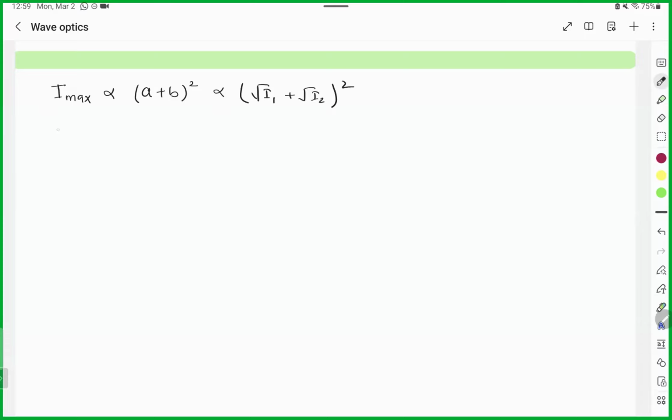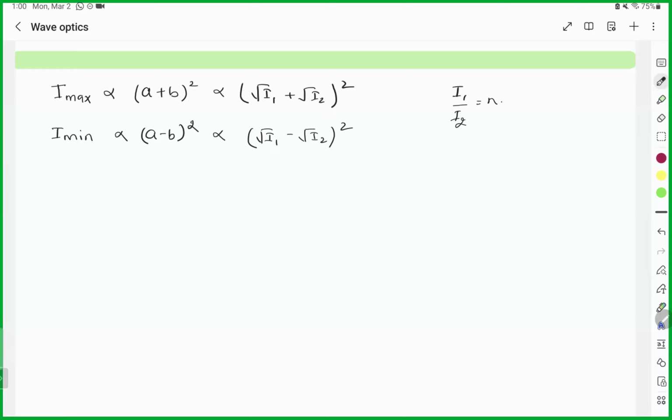Or I minimum, which directly depends upon (a minus b) whole square, will also depend upon I1 because a you can correlate with under root I1 and b with under root I2. Everything else is the same. You know this. Second, I1 by I2 ratio is equal to n. This is given. The first question will take time to adapt according to the question. By the third question, you will feel extremely comfortable.